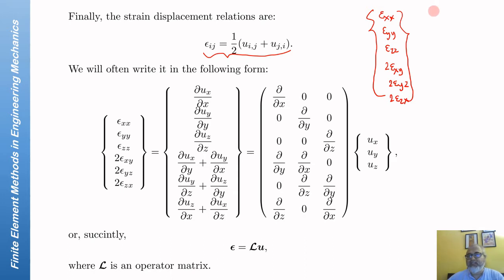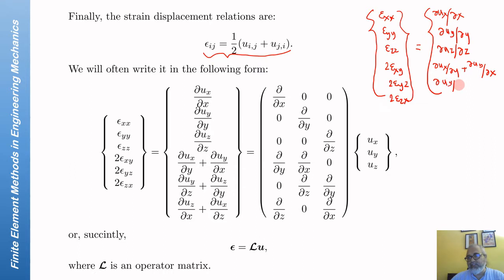And from the strain displacement relation, the first one is related to the first component of displacement, second, and this you have the 2 here cancels with the half here, and then you will have del ux del y plus del uy del x, and these will be del uy del z plus del uz del y, and then del uz del x plus del ux del z.